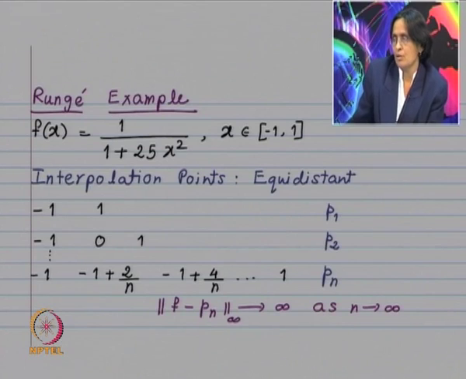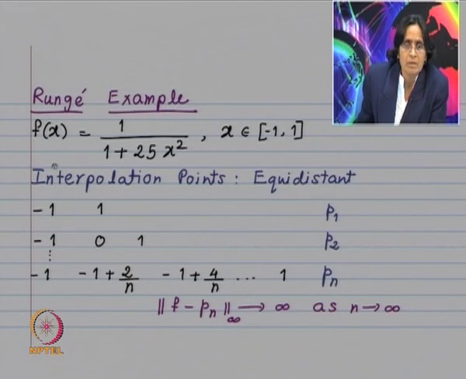So, here you have a well known example which is known as the Runge example, that f(x) is equal to 1 upon 1 + 25x^2, x belonging to [-1, 1]. And suppose you choose interpolation points to be equidistant points.